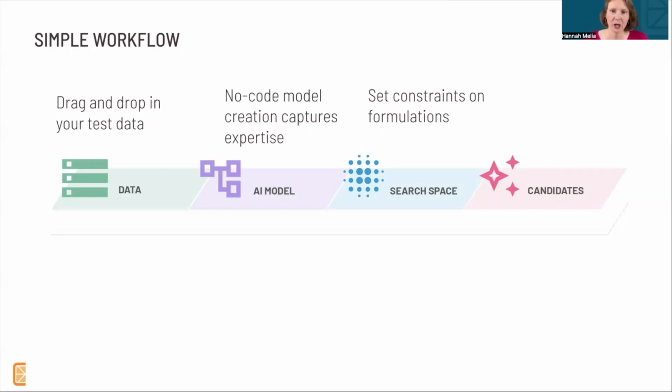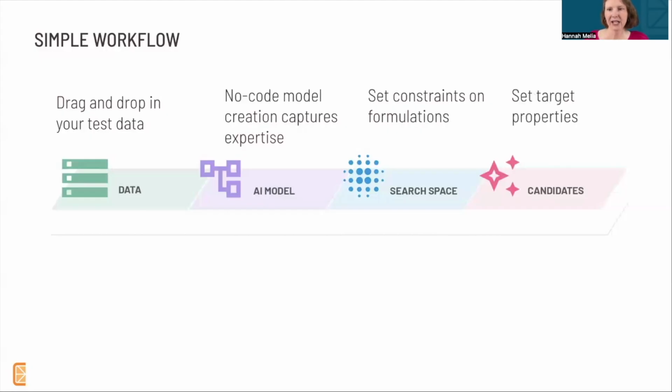You can also set constraints about which ingredients can be used or raw materials. So, for example, you can create a different search space for the EU and the US, depending on the allowed raw materials in that region.